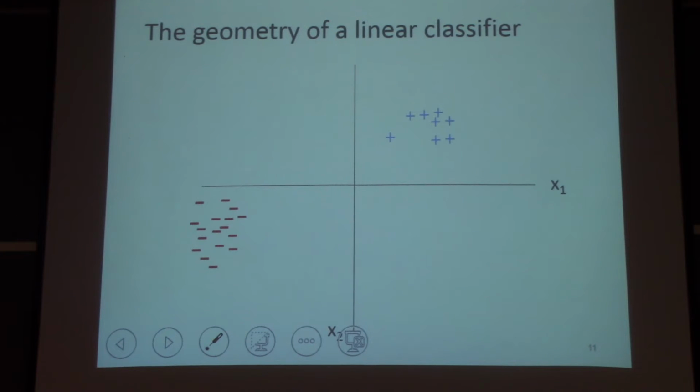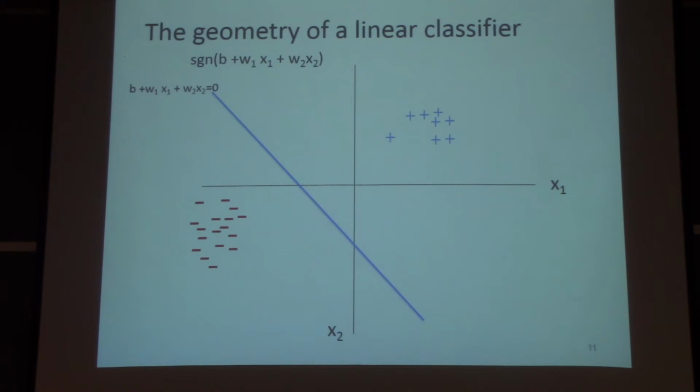A linear classifier basically slices the space into 2 parts. In this case you have 2 dimensions: it's bias plus W1 x1 plus W2 x2, and you take the sign of that. Geometrically, you're drawing a line in the space and proclaiming that one side of it is positive.